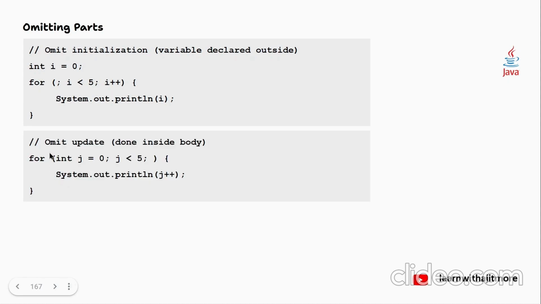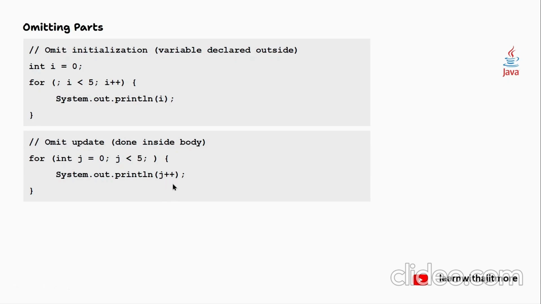Okay? Whereas in this case, the updation part is omitted. ये जो अपडेशन पार्ट है वही omit कर दिया. तो क्यों? क्योंकि वो अंदर कर रहे हैं हम लोग अपडेशन, loop body के अंदर ही कर रहे हैं. तो initialization कर दिया, j equal to 0, then 0 less than 5, yes, come inside, print 0, and then increment.